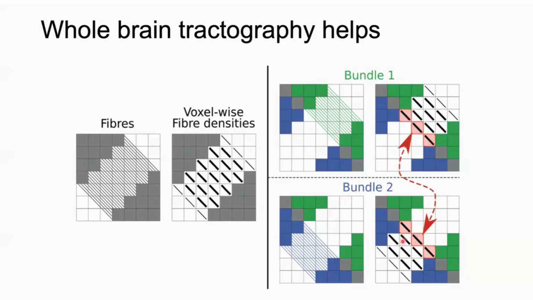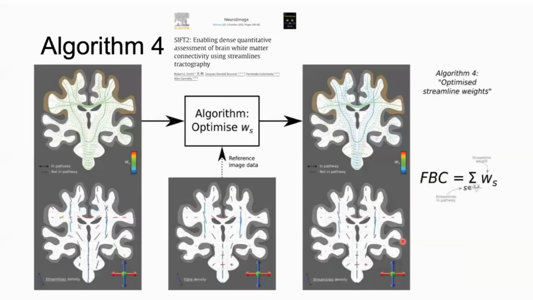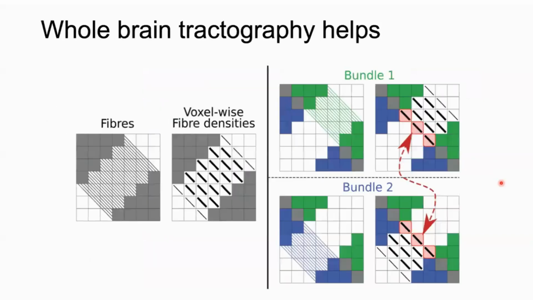And if you did not take into account the whole brain tracts, remember this weighting takes into account whole brain tracts, like it's taking all of the tracts into account when calibrating these weights. If you only fed, let's say, only a top bundle or a bottom bundle, then you would miss that calibration that spans these two adjacent nodes.